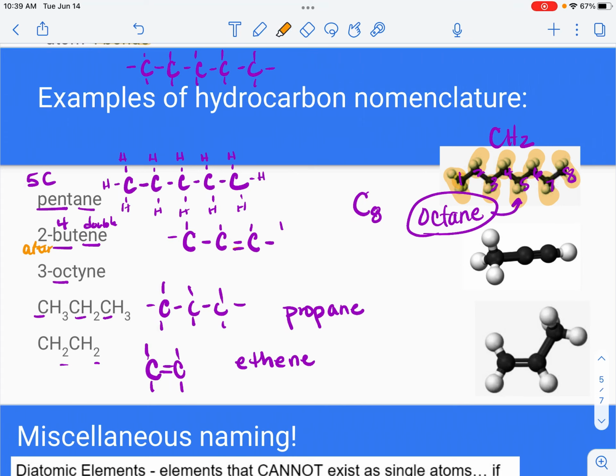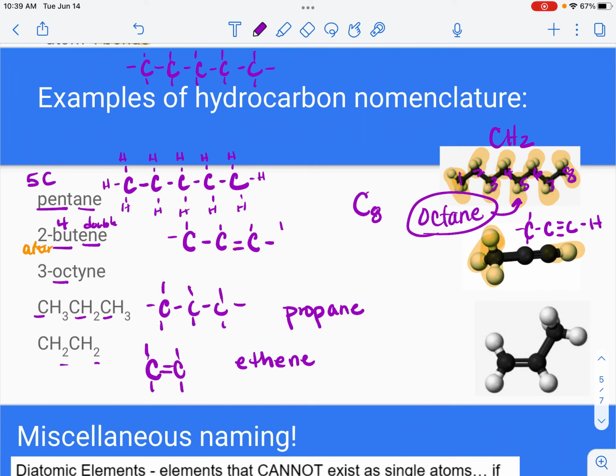Let's look at this one. This is a little harder. This is CH3. And this is CH. So I'm actually going to write this because the other ones don't have hydrogens on them. So it's CH3, C, C, H. Okay? So these 2 carbons must have a triple bond in between them. All right?